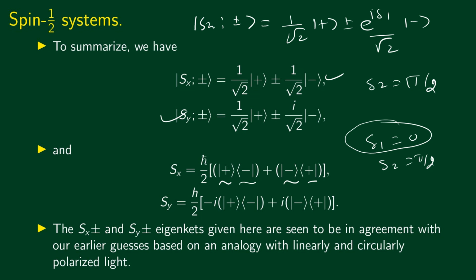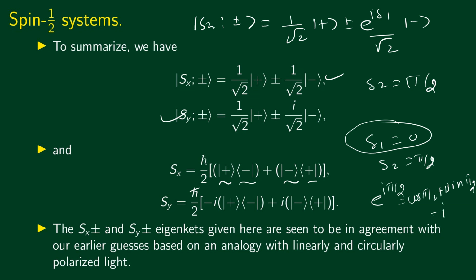Similarly, Sy is h bar by 2 times minus i ket plus bra minus plus i ket minus bra plus. This i comes because I have chosen delta 2 equal to pi by 2, and e raised to i pi by 2 is equal to cos pi by 2 plus i sin pi by 2, which is equal to i.